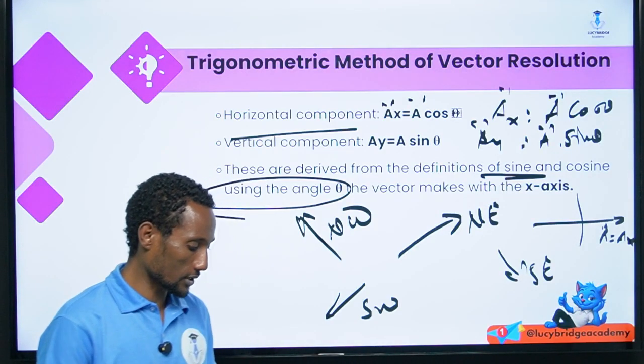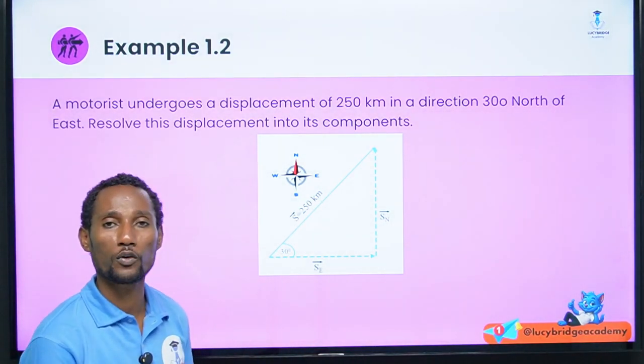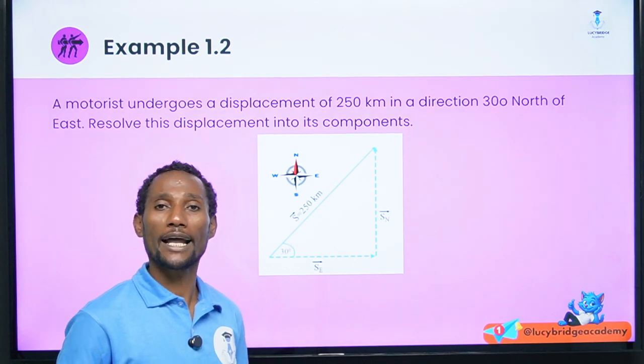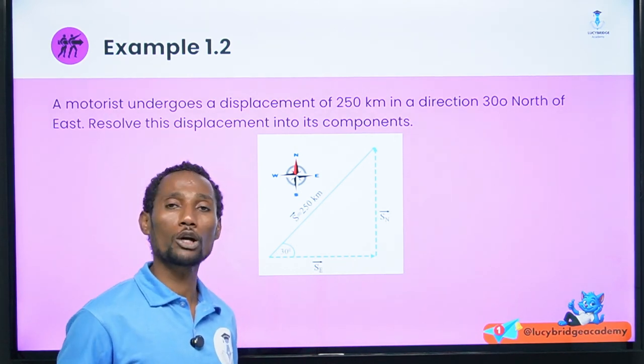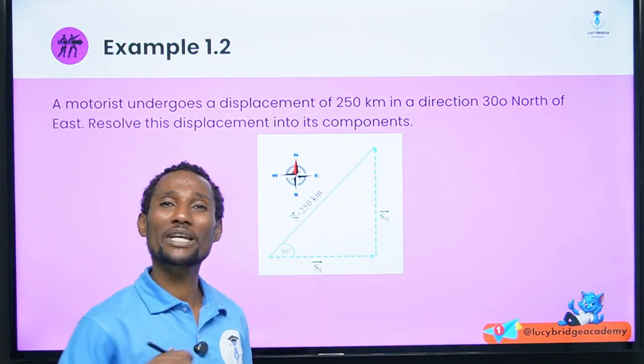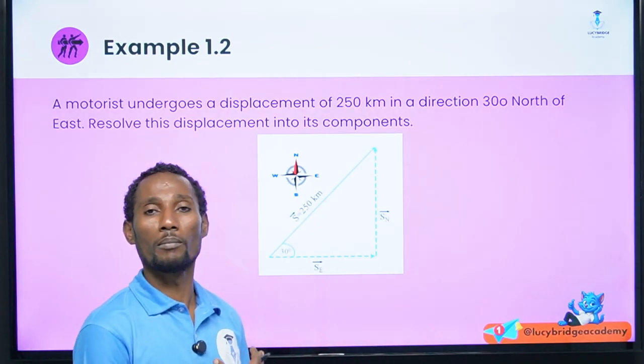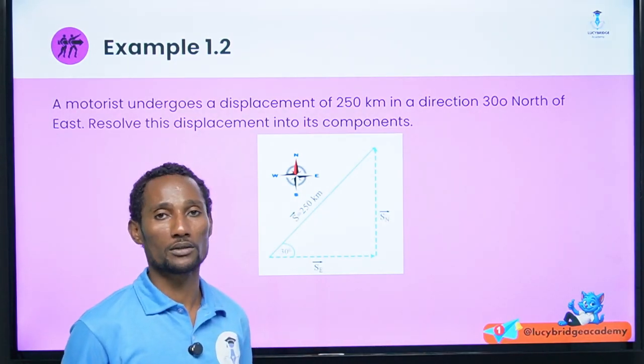Now let's do a brief example of this vector resolution and how to calculate the magnitude and the direction of the vector. By having its direction, we can find the magnitude of each component.